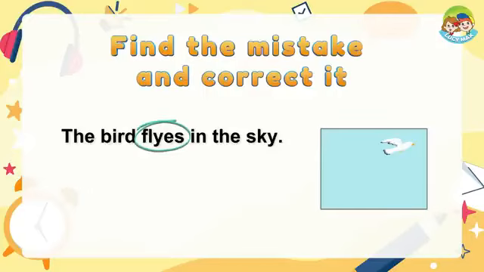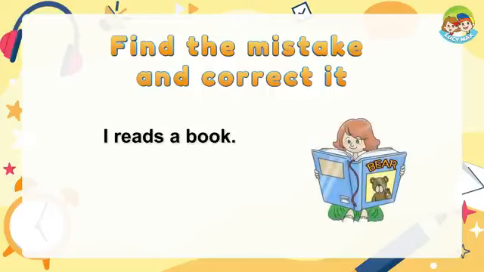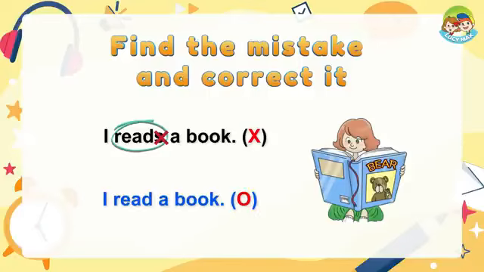It should be IES. FLIES. The bird flies in the sky. I reads a book. Reads should not have S. It should be I read a book.